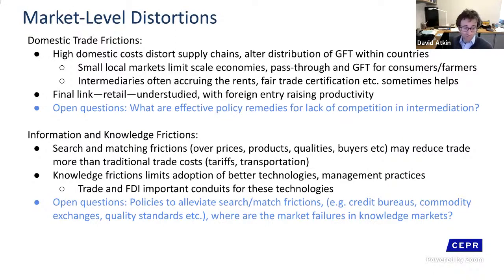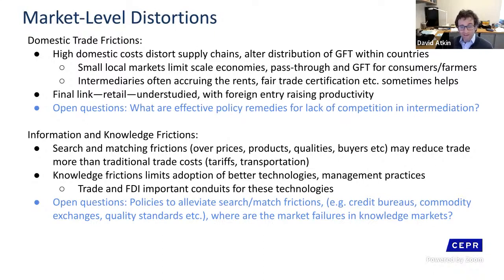These can take two broad forms in the way we write them down. We can think about search and matching frictions. That may be firms searching for the best prices on where to sell their goods, or farmers searching for the best prices on where to sell their goods, or firms searching for which products to buy, say wholesalers or retailers, for which products to buy in foreign markets and bring back, or what quality levels of inputs to purchase, or which input provider to purchase from, or to find buyers to purchase their goods in foreign countries.